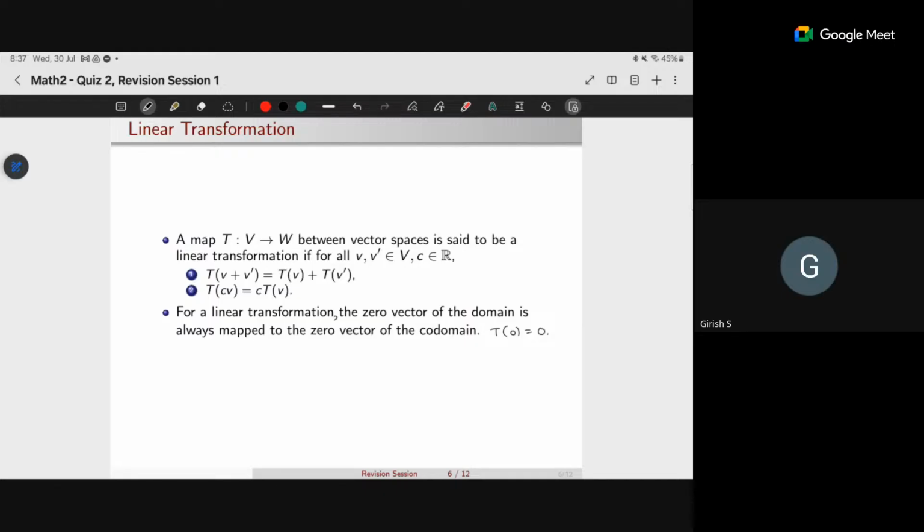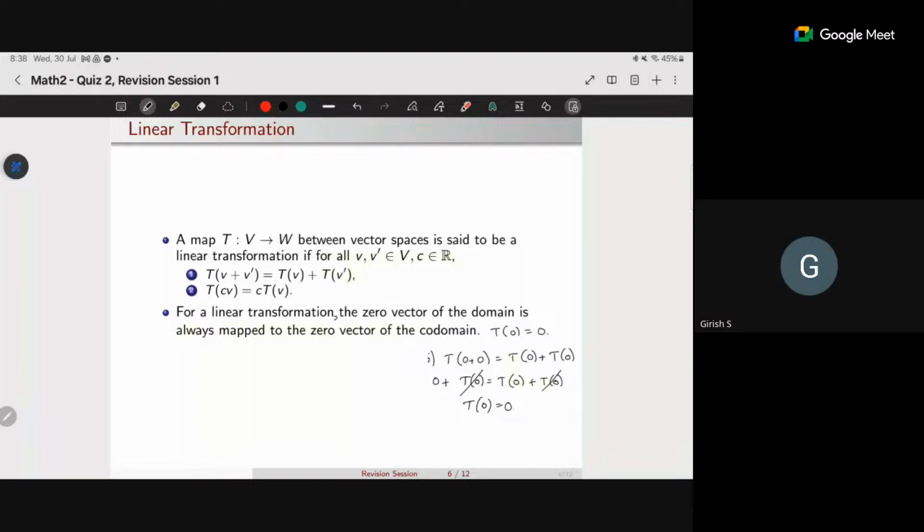Then T of 0 plus 0 is equal to T of 0 plus T of 0. 0 plus 0 is just 0, so T of 0 is equal to this. But I can also write this as 0 plus T of 0. And then there's the cancellation law in vector addition, so you will have T of 0 is equal to 0.